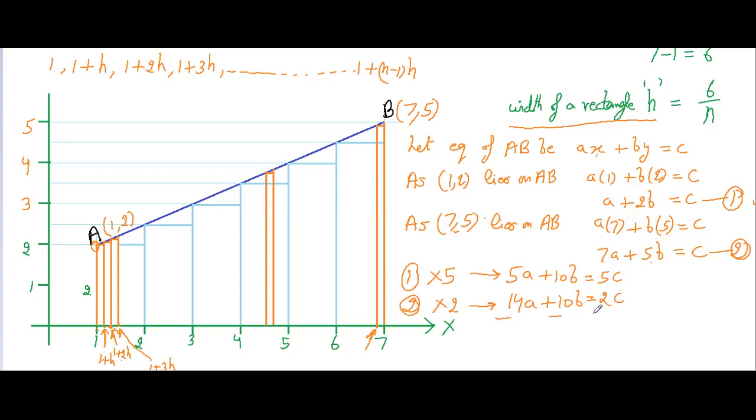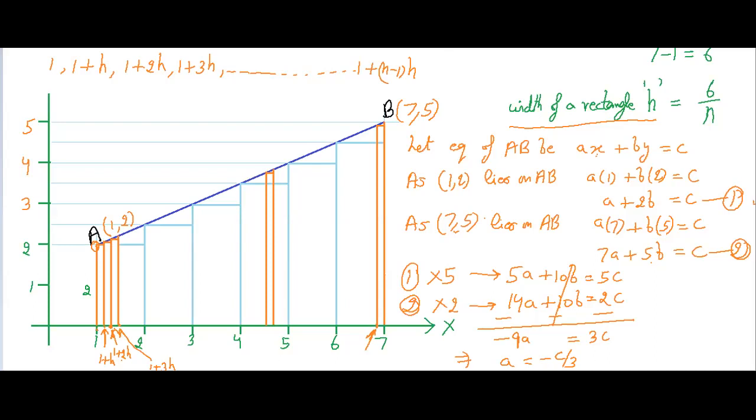Subtract, we get minus 9a equal to 3c. That implies a is equal to minus c by 3. I hope this much is clear.